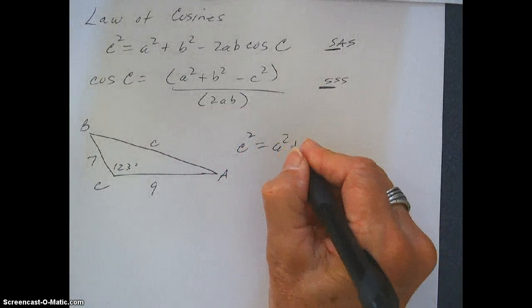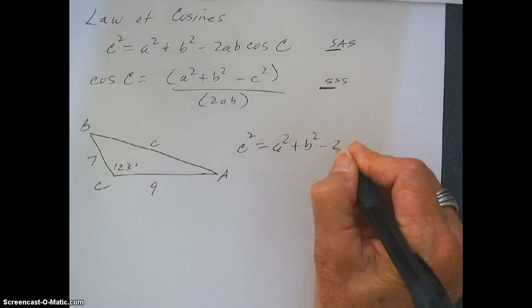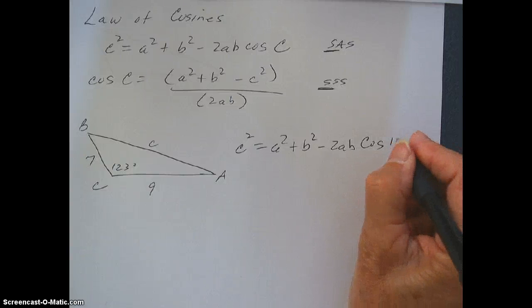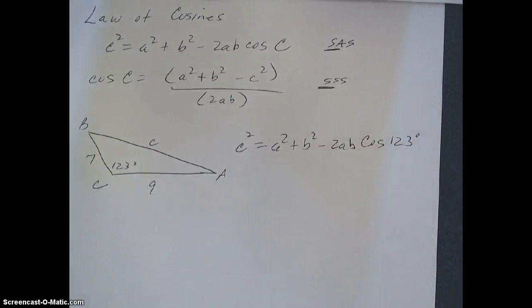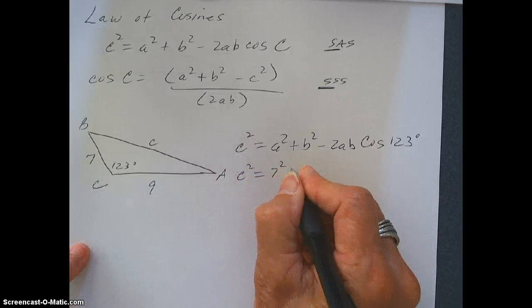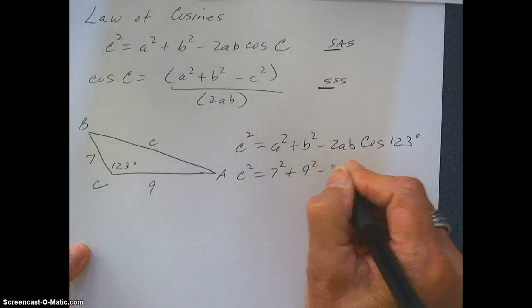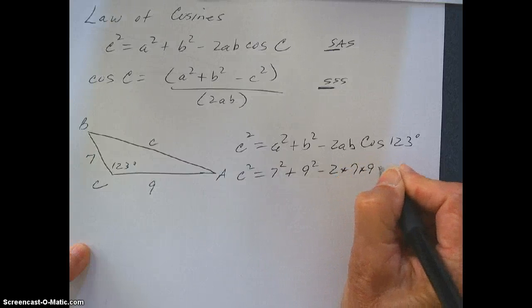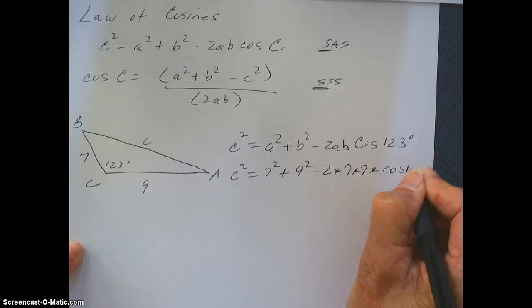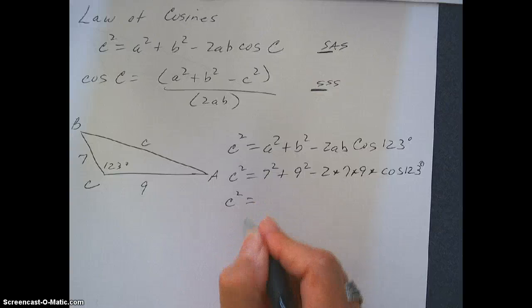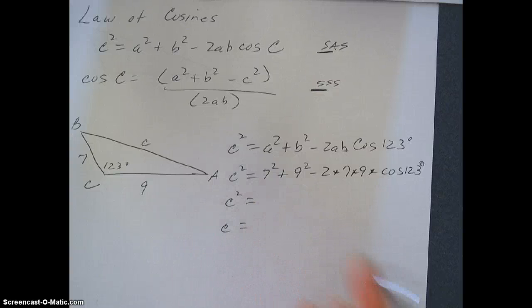We have a squared plus b squared minus 2ab times the cosine of C, which is 123 degrees. So basically, we will just set this up and punch out the formula just the way we see it. But we'll have to remember that this is what C squared equals, so we'll have to take the square root of that when we get the answer.